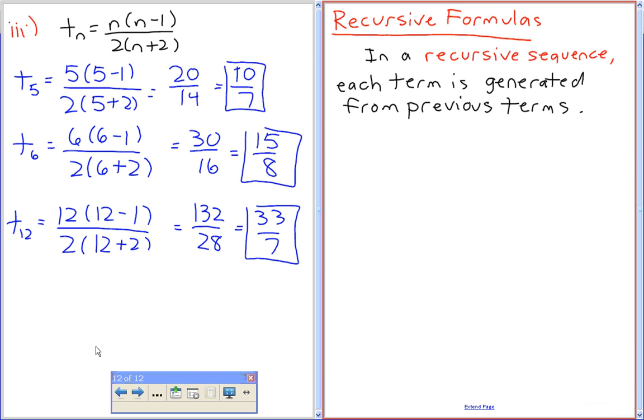Recursive formulas are simple, but long. They take a long time to generate.